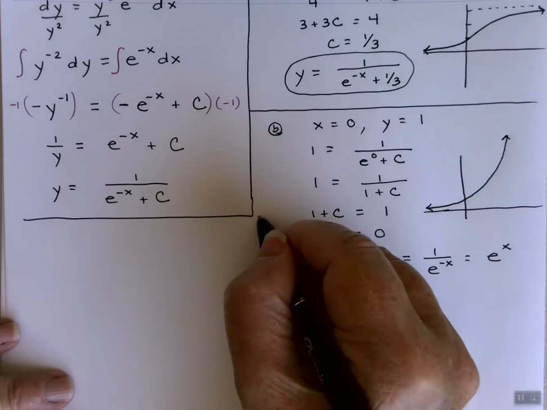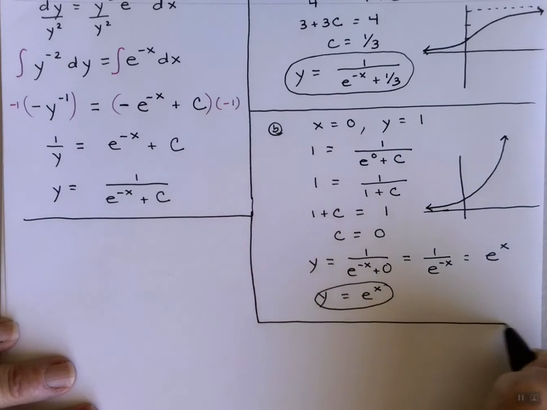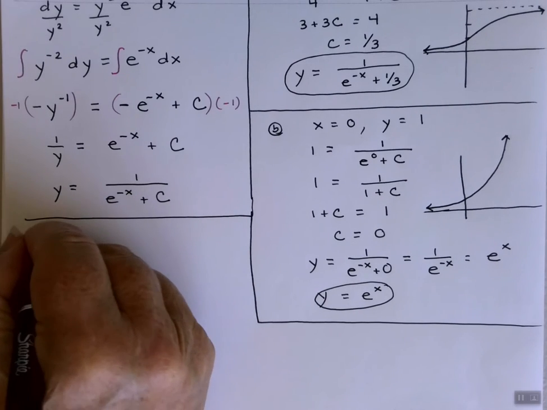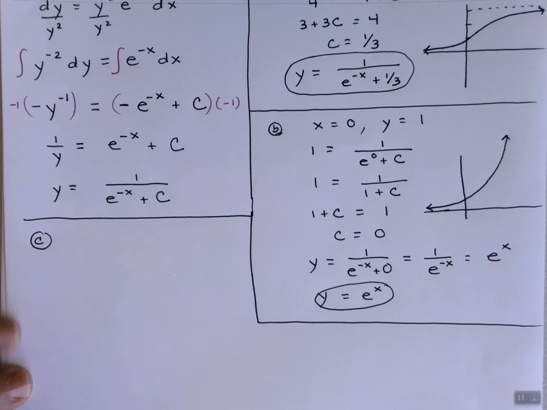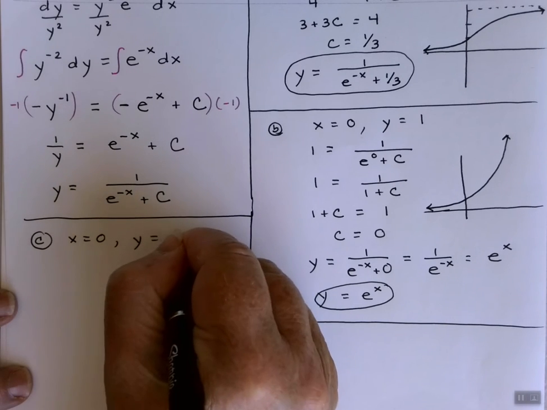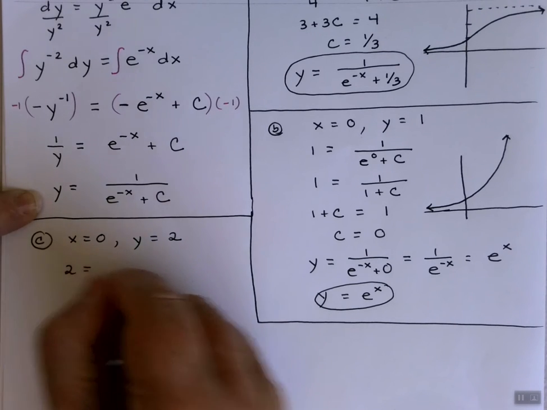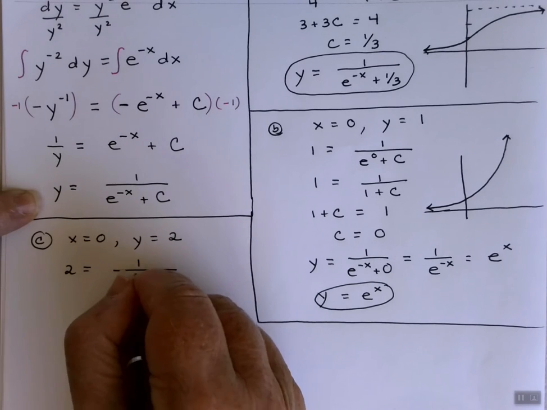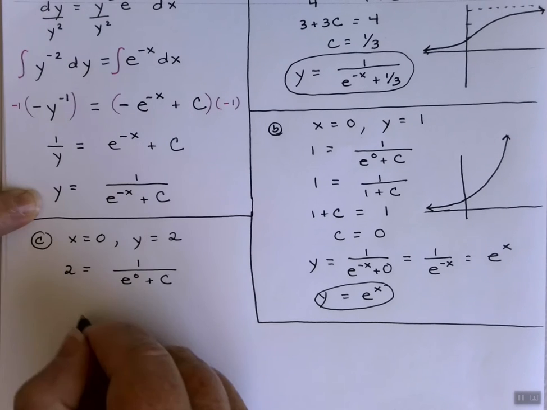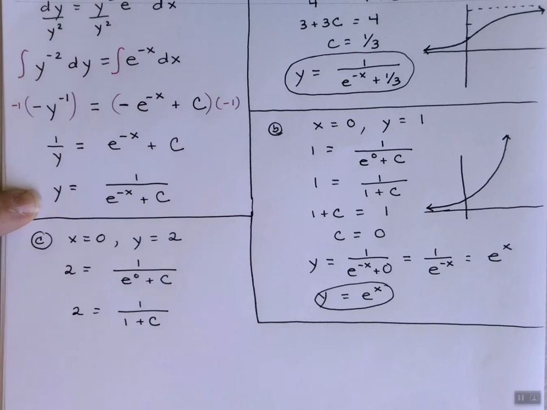All right, we've got one more to do. Part C. The last initial condition was when x equals 0, y equals 2. So if I plug that in here, I get 2 equals 1 over 1 plus c.